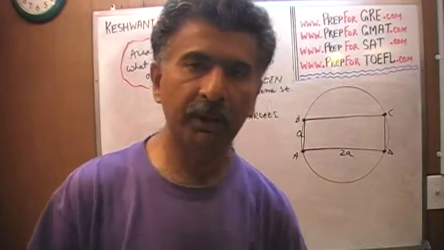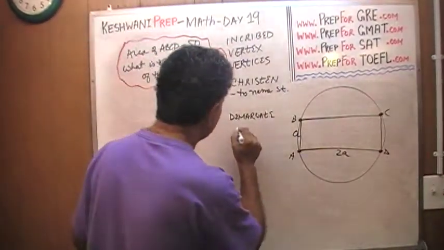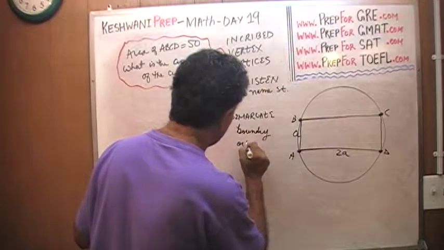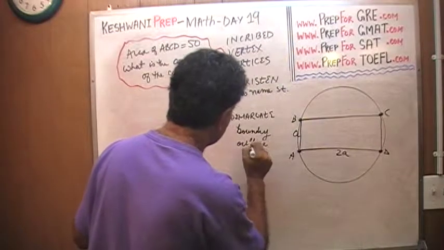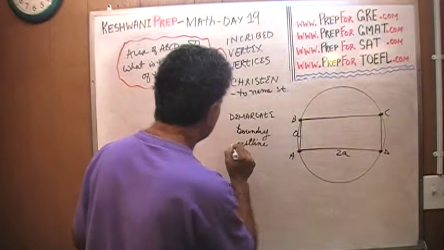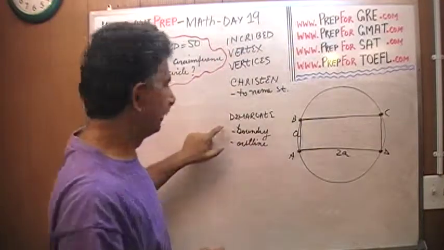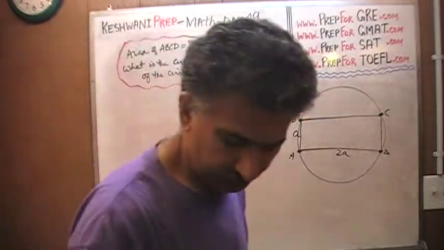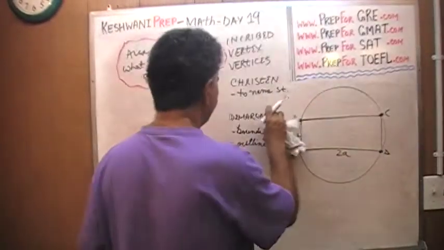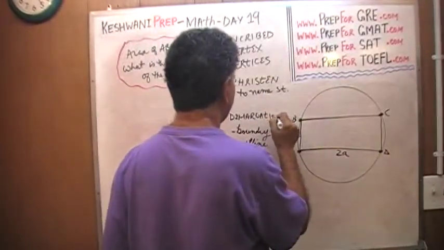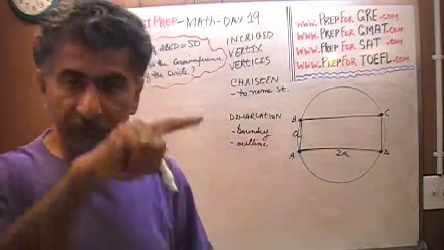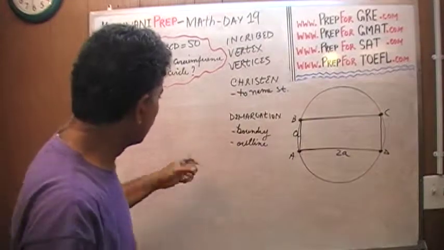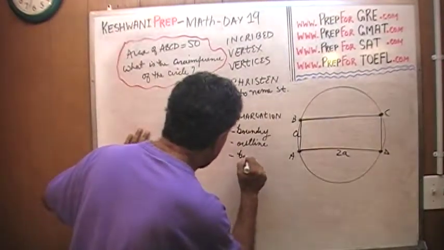The noun would be demarcation, which means to put a boundary, outline. Here I'm giving you the meaning as a noun, but I'm writing it as a verb, but that's okay. Demarcation would be the noun. A demarcation is a boundary or an outline or a border. There you go.